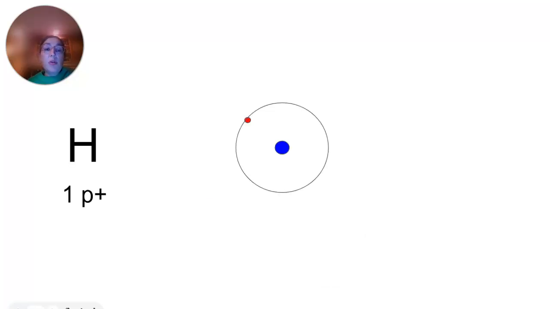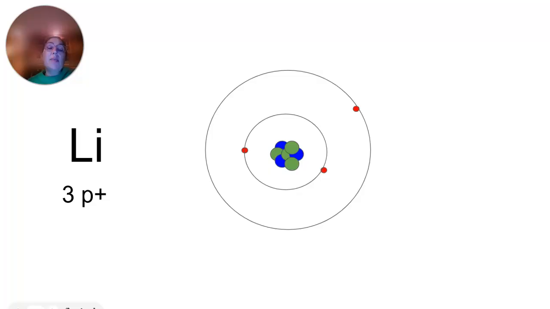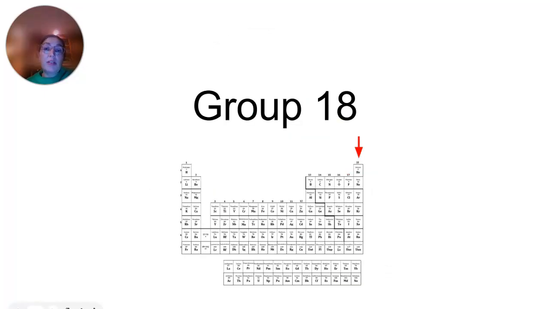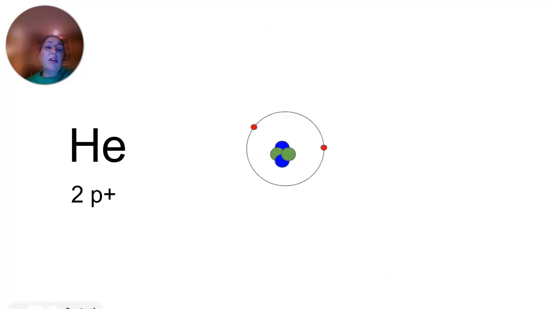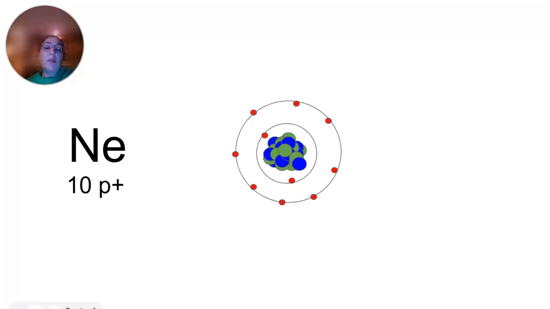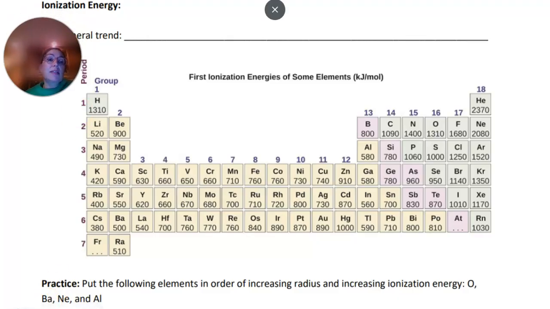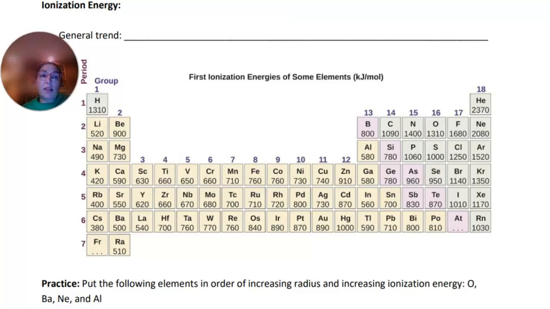Going down the group, of course, from hydrogen, get bigger at lithium, get bigger at sodium, get bigger at potassium. Every time we go down the group or family, going down the column, we add principal energy levels, and so the radius keeps getting bigger. From helium, for example, go down to neon, go down to argon. So our general trend was that atoms got bigger going down, but smaller going left to right.